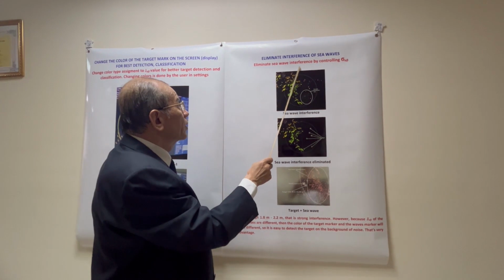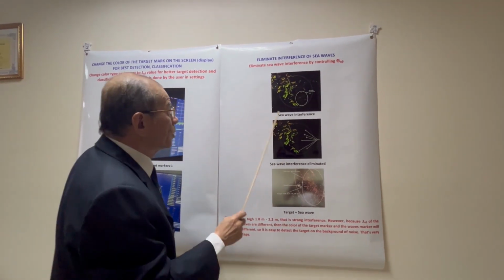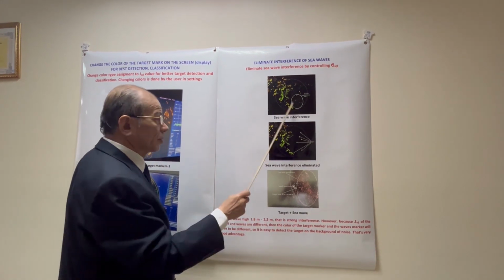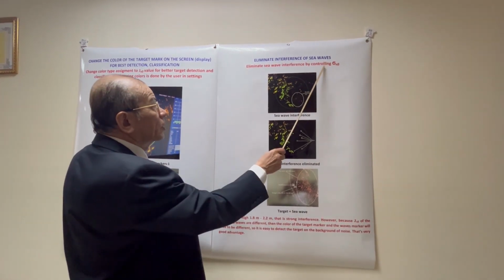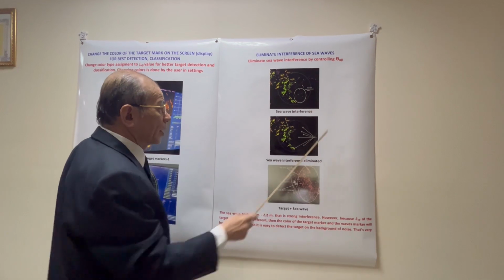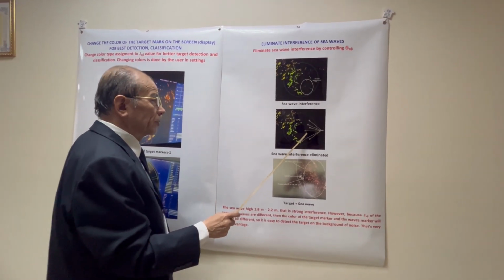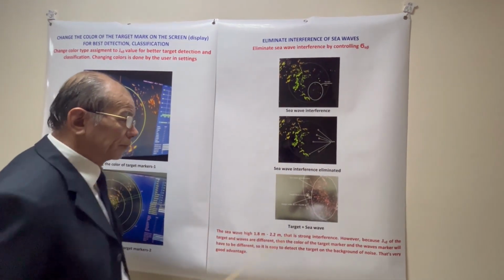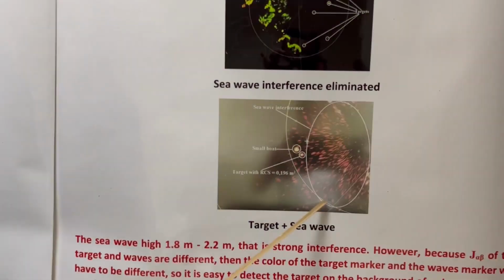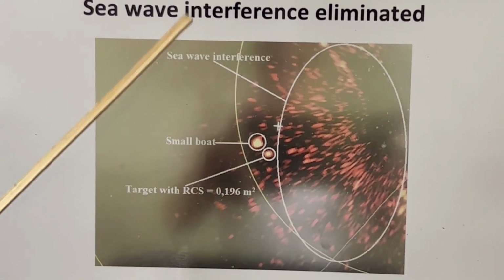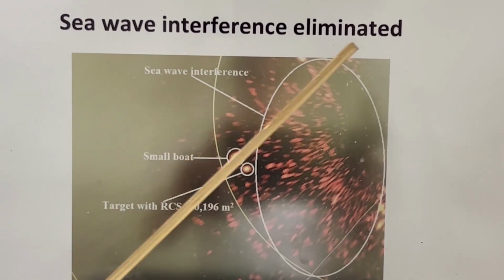You see the first picture here, it is sea wave interference. And by controlling sigma alpha beta, we eliminate all the sea wave interference and remain the target. And now please see, it is a very excellent variant of sea wave interference eliminated.